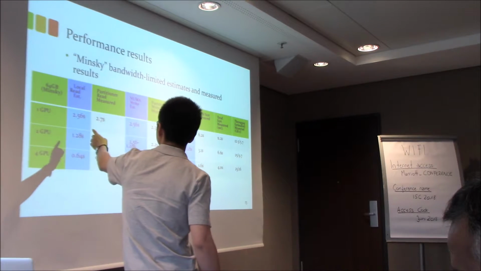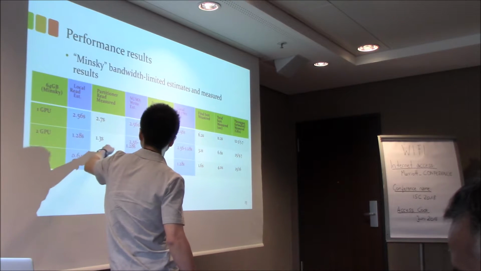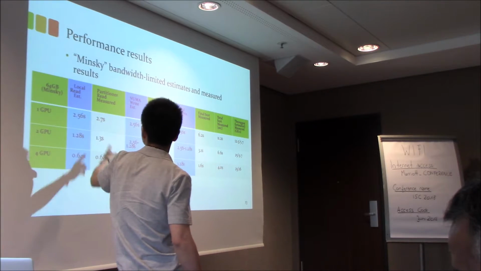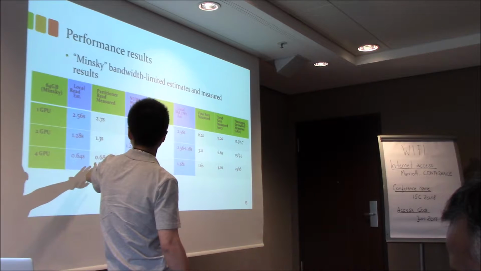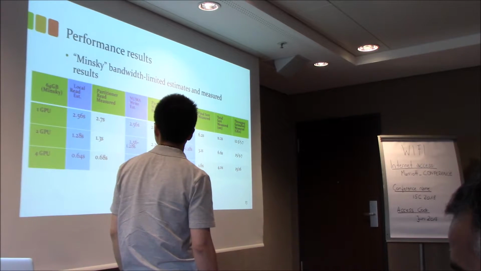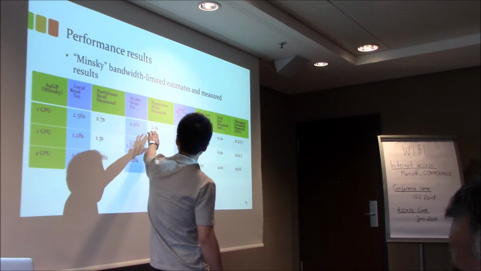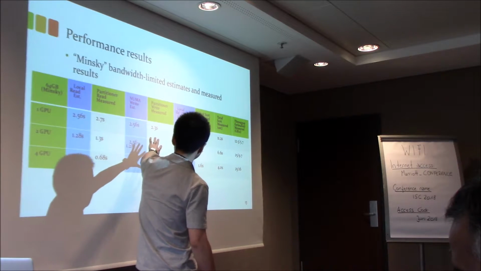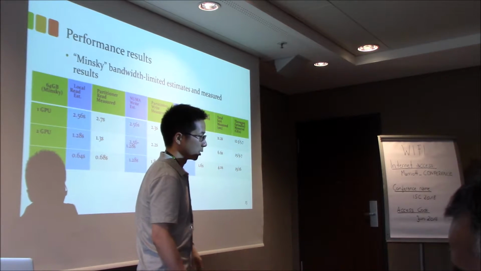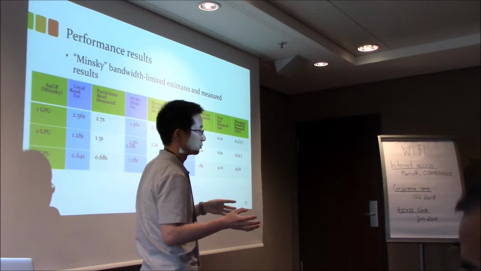We can see here for the partition read, scaling is good. With 4 GPUs, we can roughly get that speedup. This is the partition write. As I mentioned before, on Minsky, the write channel is half of the read channel.